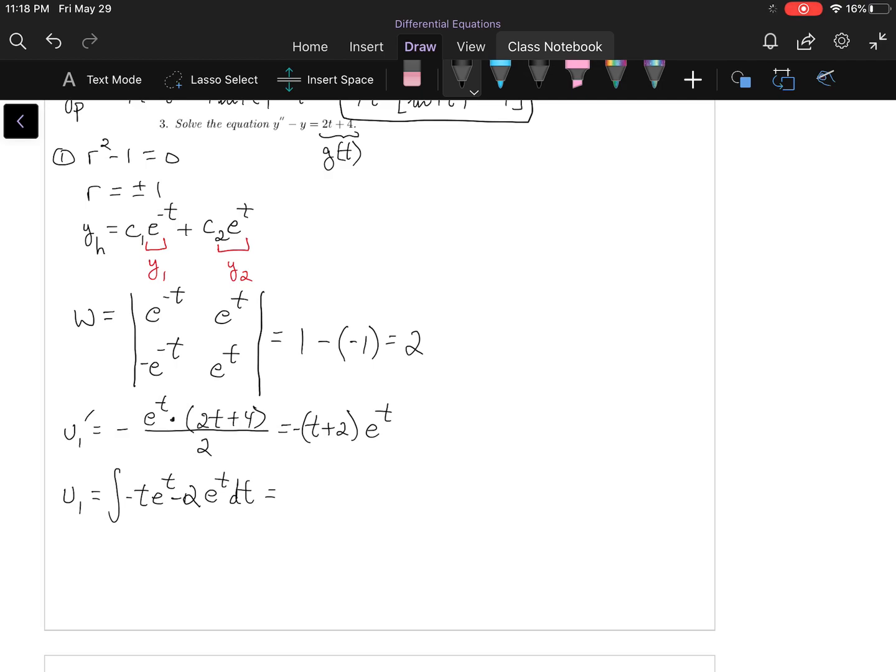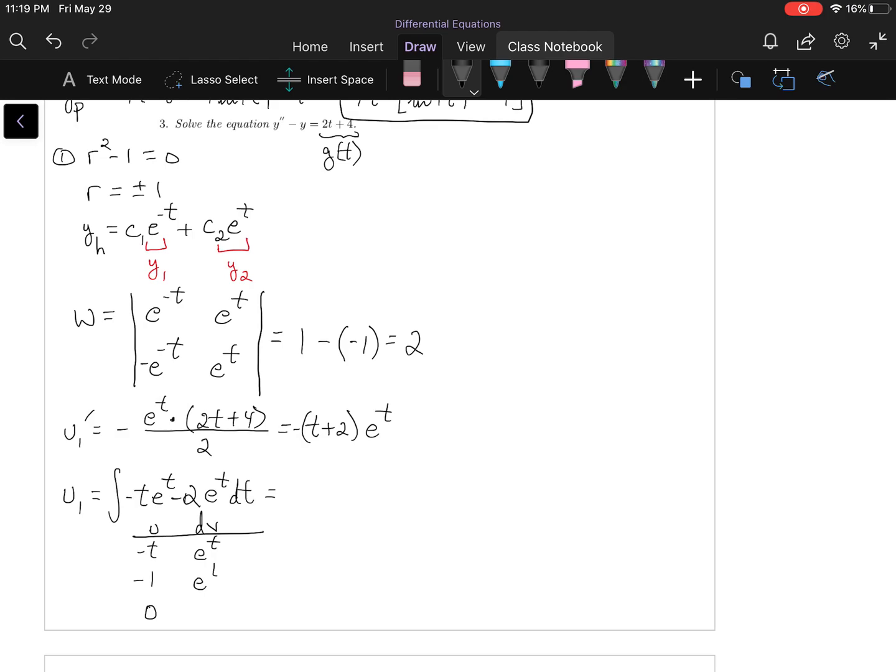The first one you could solve with, let's see, integration by parts, or you could use the tabular method if you are familiar with it. I'll go that route. So I know that our u portion is going to be negative t, then negative 1 taking its derivative, and 0 taking the next derivative. The dv portion is going to be e to the t.